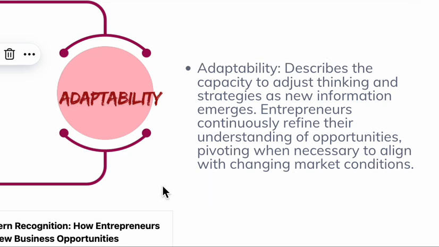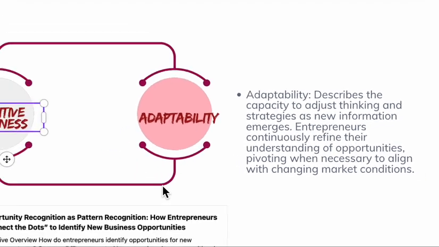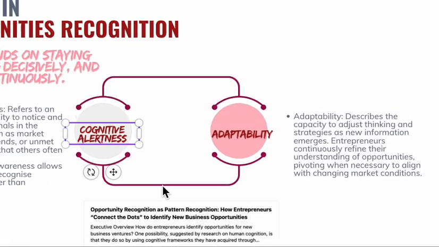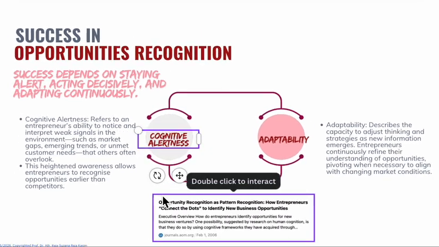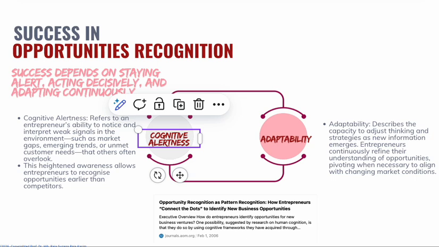So when we combine cognitive alertness with adaptability, entrepreneurs are not only able to see opportunities earlier, but they can also respond effectively and turn them into sustainable ventures.